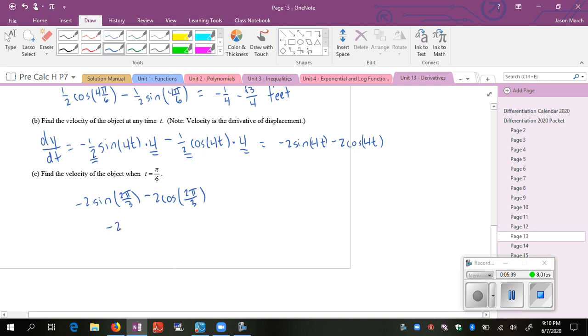And negative 2 times negative a half is going to be positive 1. I could have reduced this, right? Negative 2 over 2 is really just negative radical 3. So negative radical 3 plus 1.